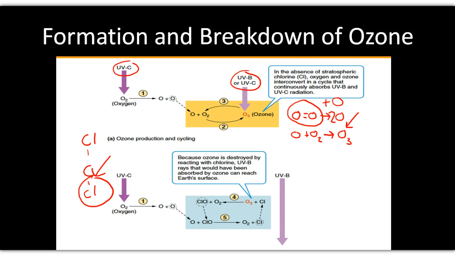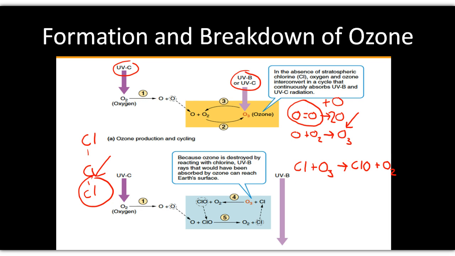So what will happen over here is you have a chlorine atom coming in and striking an ozone, and it breaks it apart. What you'll end up with is some chlorine with an oxygen attached to it, and you also end up with some oxygen.